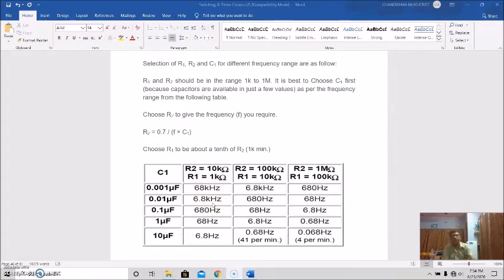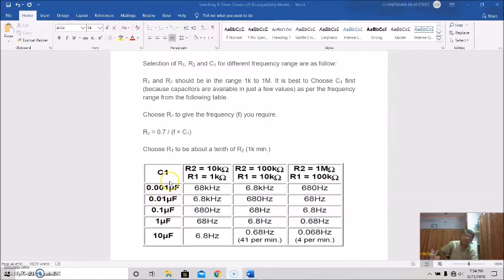In this way, if R2 is 100 kilo and R1 is 10 kilo, for the same C of 0.001 microfarad, it will be 6.8 kilohertz. If R2 is 1 mega ohm and R1 is 100 kilo ohm, it will be 680 hertz for the same 0.001 microfarad.